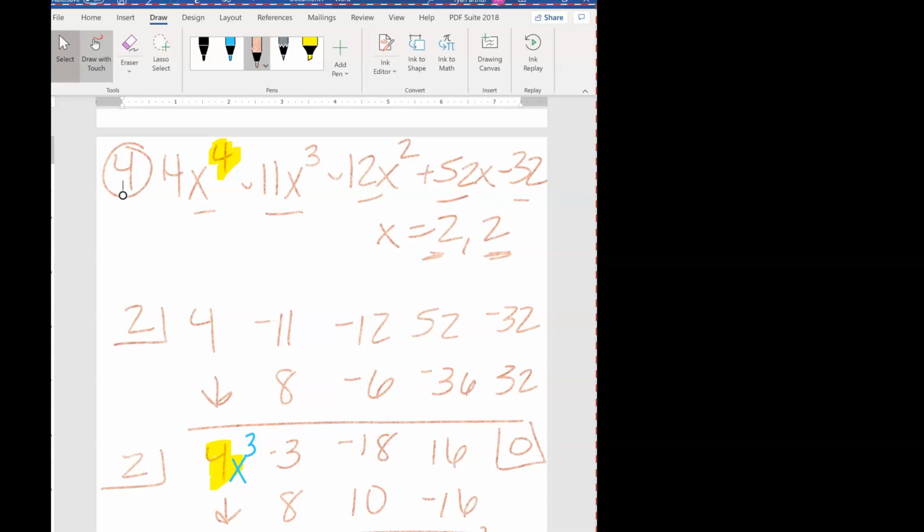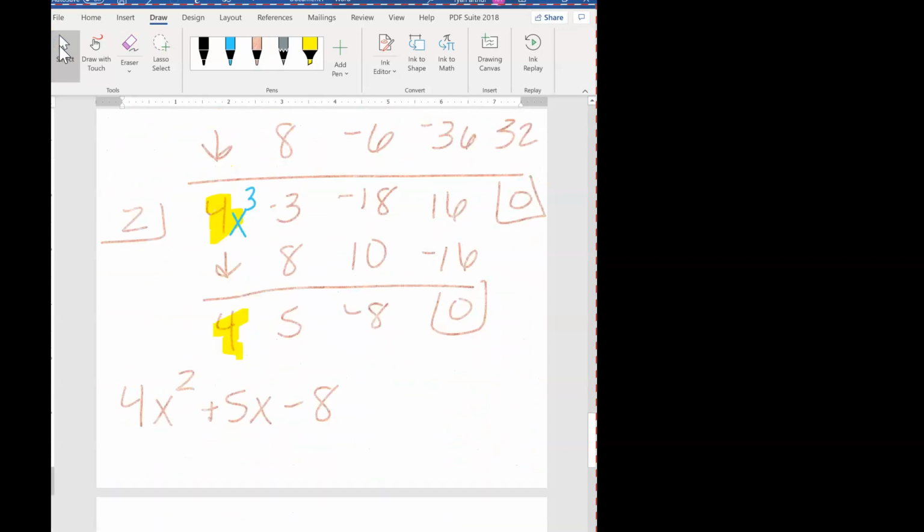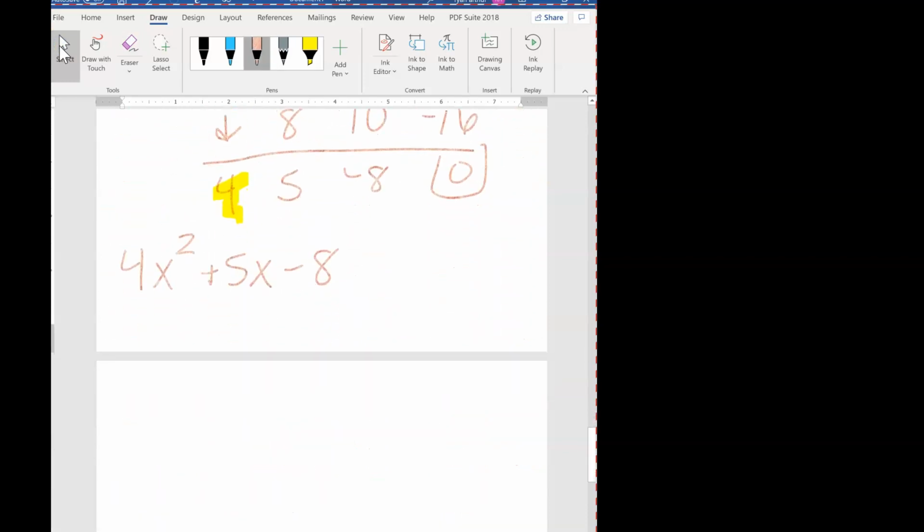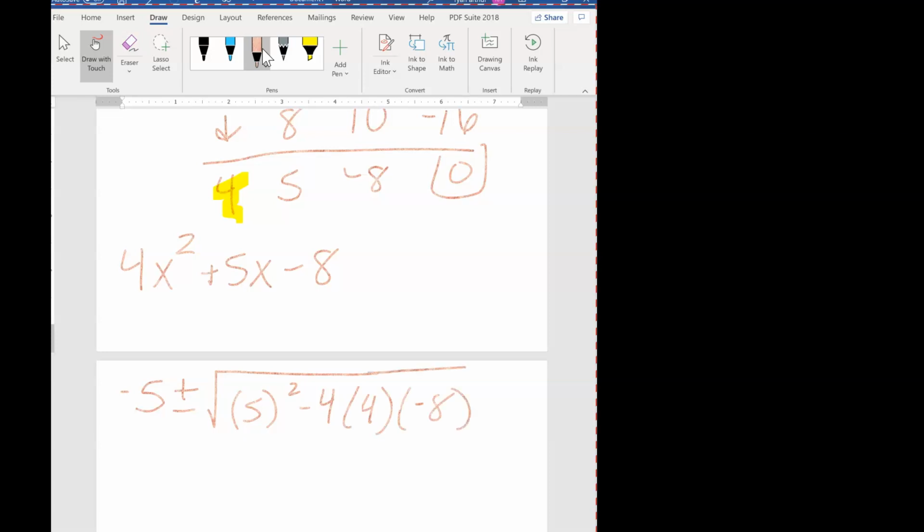So I am going to use the quadratic formula to solve this. So I've got opposite b plus or minus the square root of b squared minus 4 times a times c, all over 2 times a.